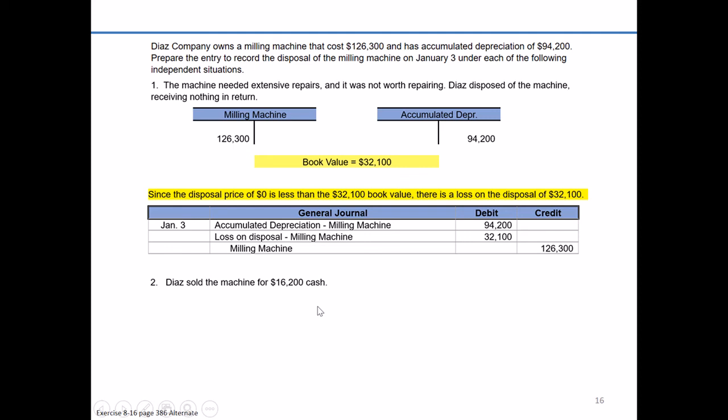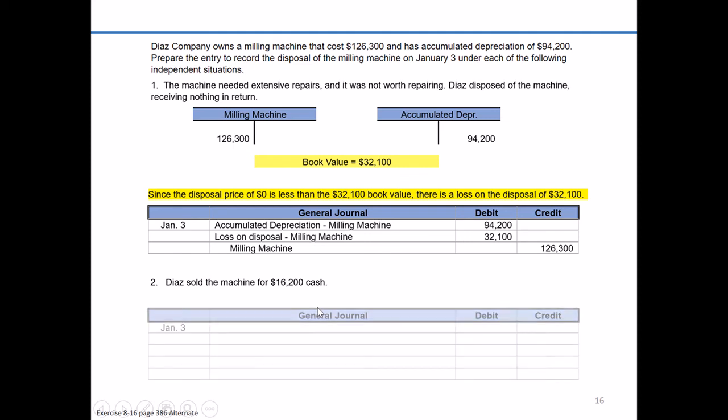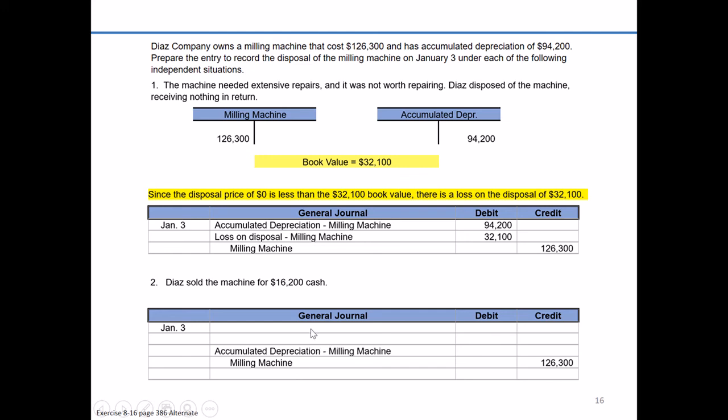Number 2, Diaz sold the machine for $16,200 in cash. So again, start to build our entry, and a lot of it's going to be the same: we're going to credit the milling machine for $126,300 and debit accumulated depreciation for $94,200. So that part of the entry hasn't changed. But in this situation, we're receiving cash, so we're going to debit cash for $16,200, and also our comparison of what we get compared to what we give up is going to be different.